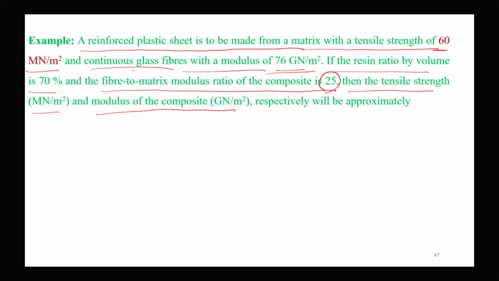The glass fiber modulus is given as 76 giganewton per square meter. So the matrix modulus will be 25 times lower than this. Here only the matrix strength is given.